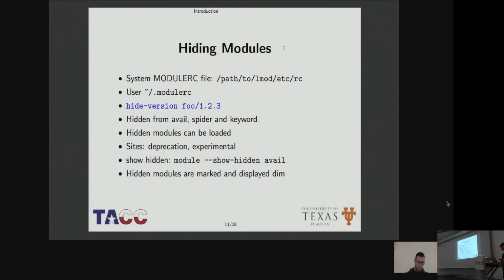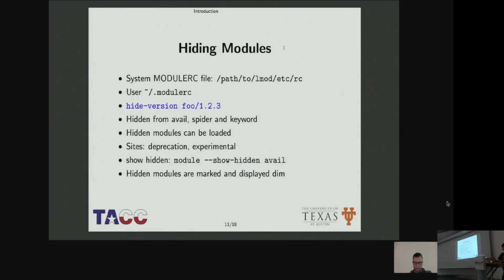Why? Because, for example, a hidden module cannot be the default. That's one thing I sort of glossed over. One of the important features of Lmod, well, actually all module systems, but Lmod in particular, is the way it will choose a default.